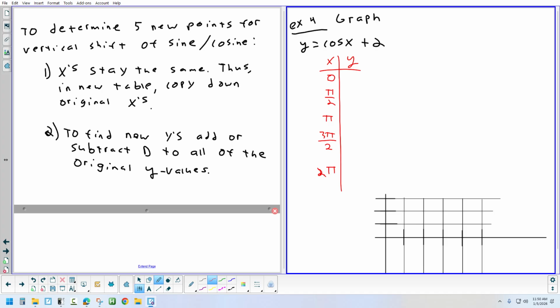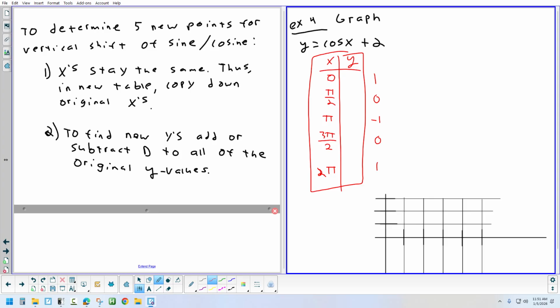Okay, so we've got our x's. Let's put the original y's on the outside. What are my y values for cosine? Just the original. Yeah, original. 1, 0, negative 1, 0, 1.